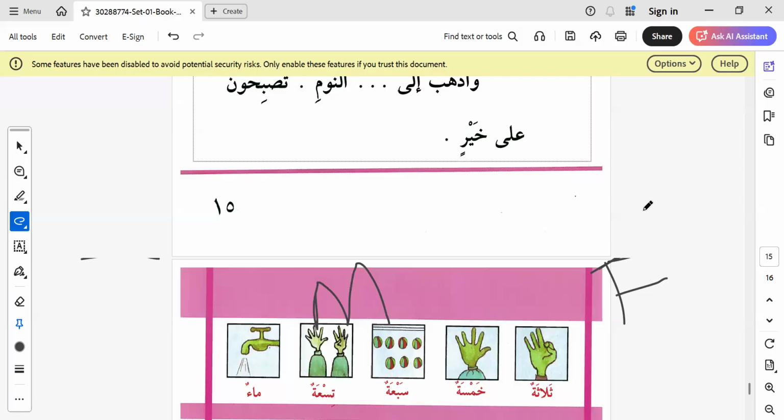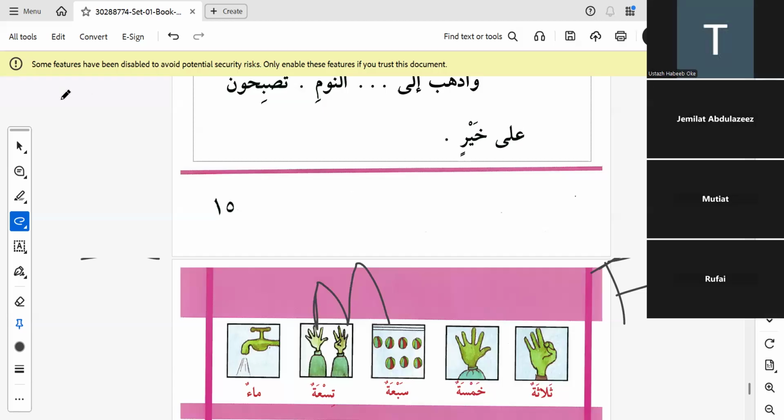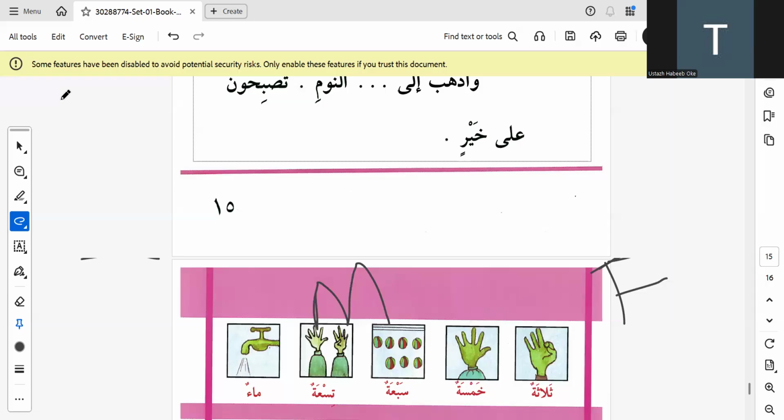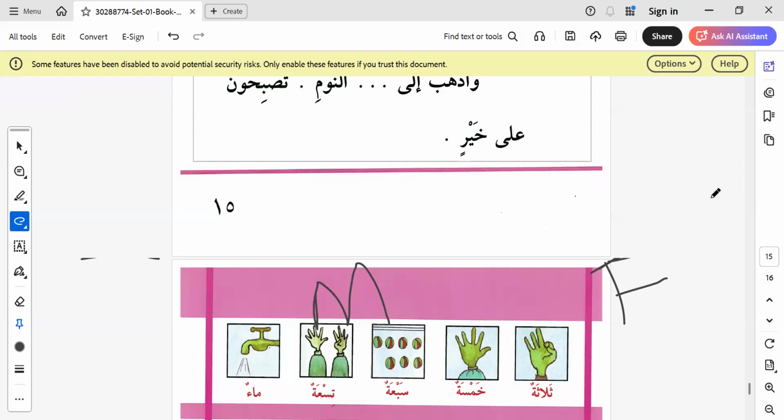Now, 3 masculine students. Yes, Sister Mutia, how do we say 3 masculine students? Three masculine students. And I've also said that Talib is student.